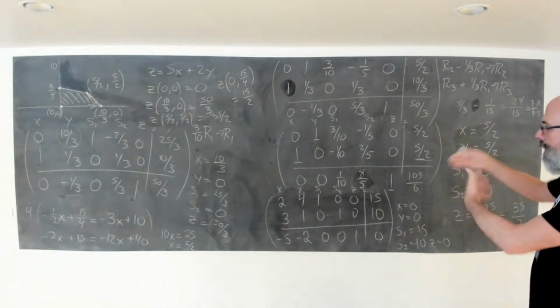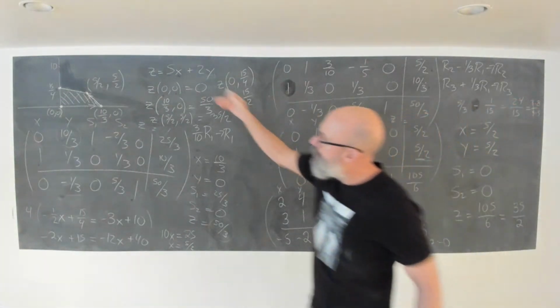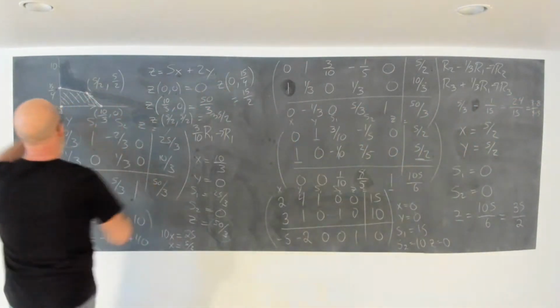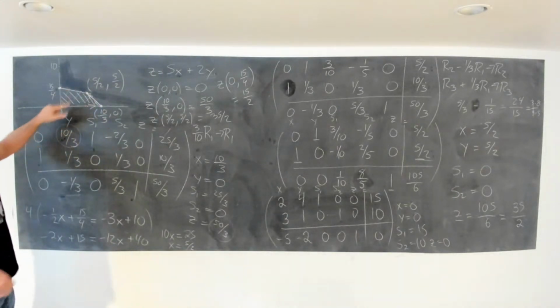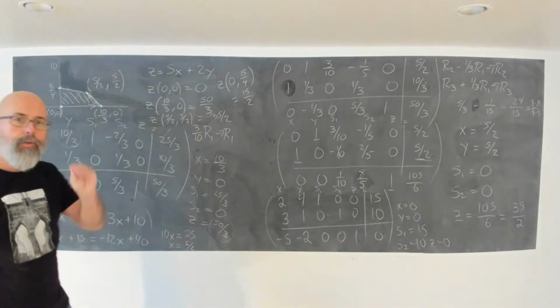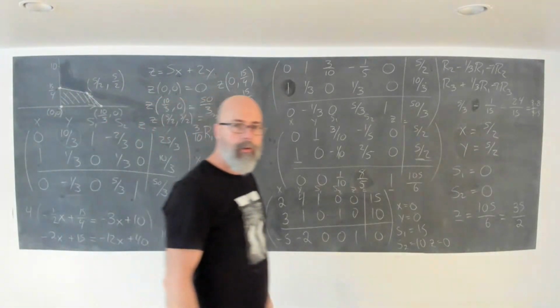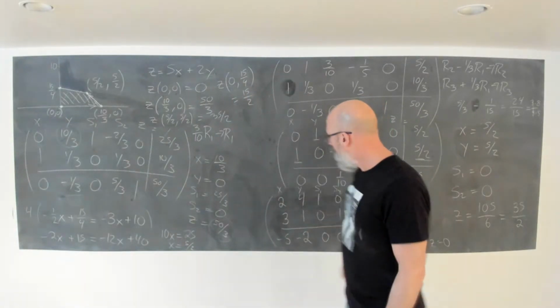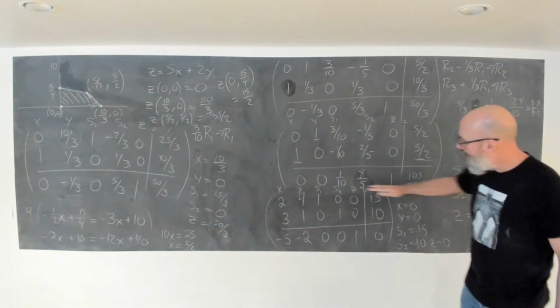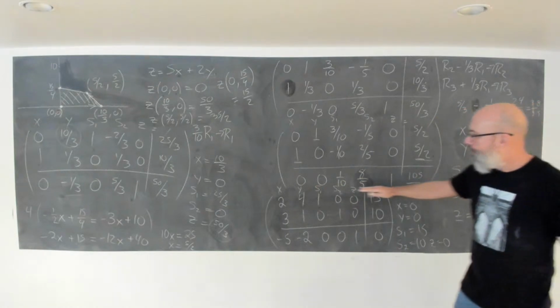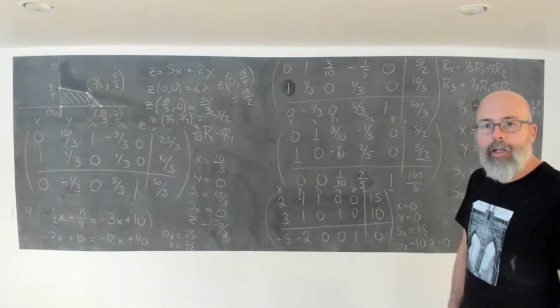So that's what's happening in that simplex tableau. You're actually cycling through the vertices until you reach the optimal one. Optimal one guaranteed by the fact that there are no more negatives in the last row.